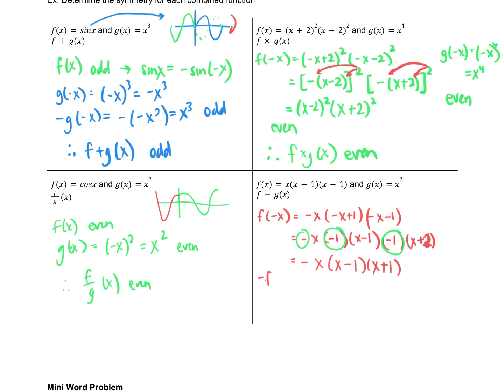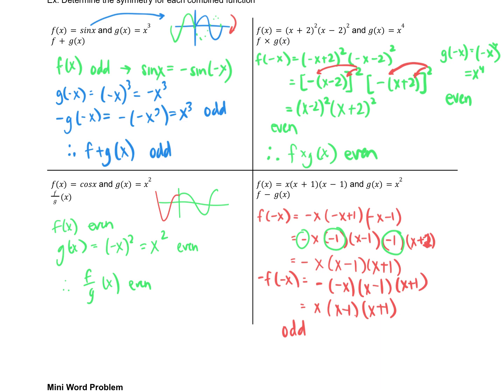So now I will evaluate negative f at negative x. And when I put a negative in front, it will turn that negative x into a positive. And now we have the same function from the beginning, which means that double reflection gave us an odd function.